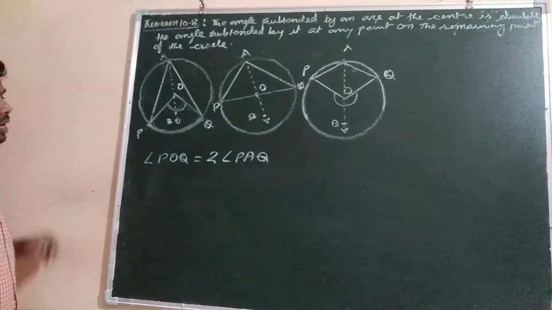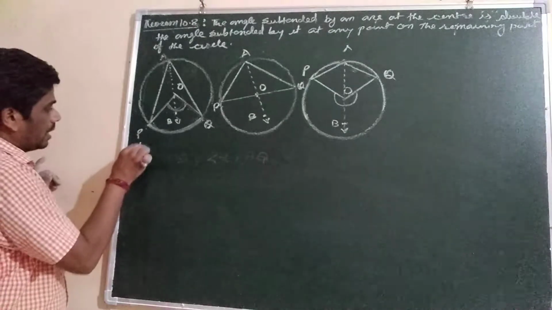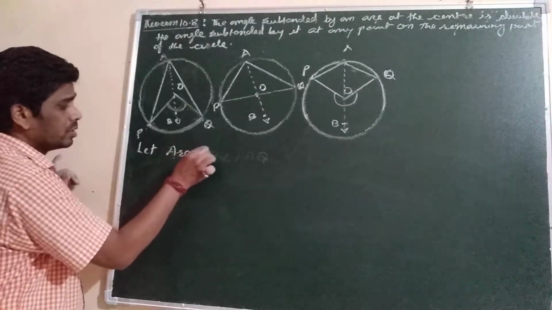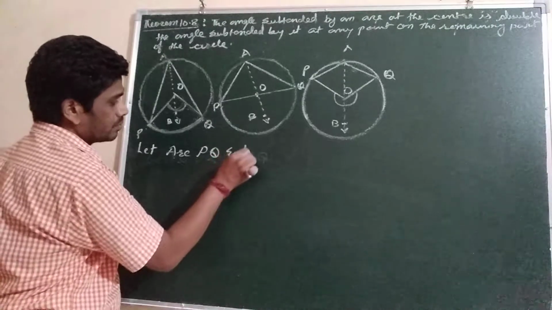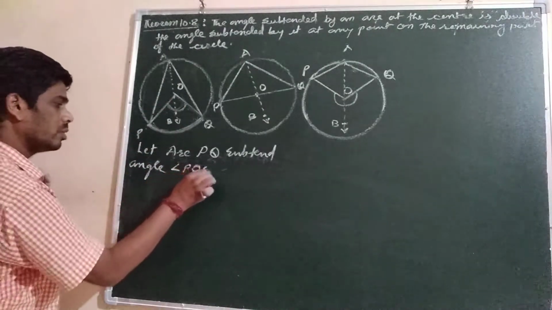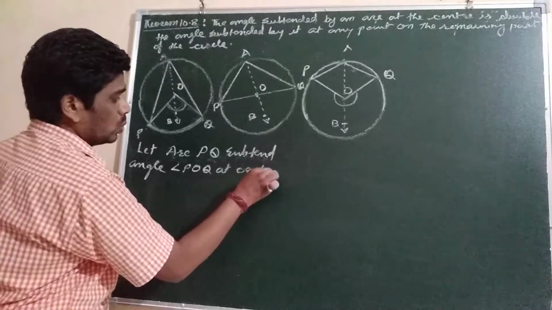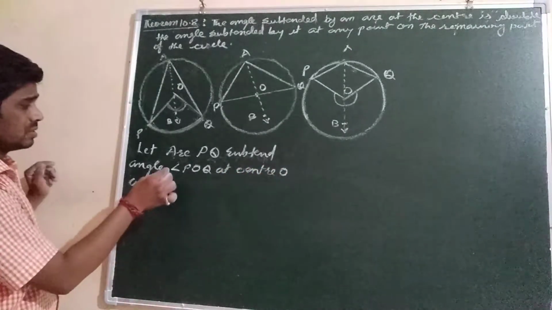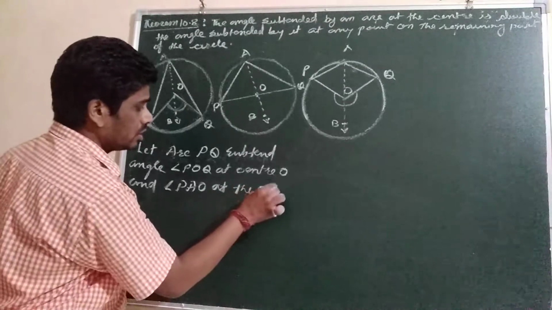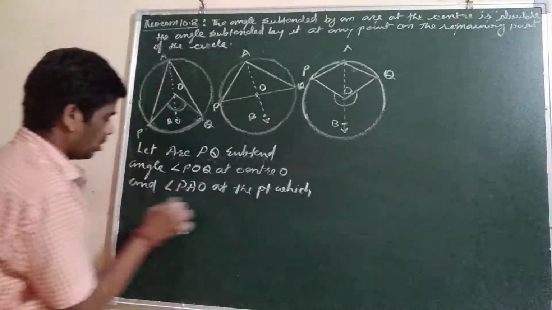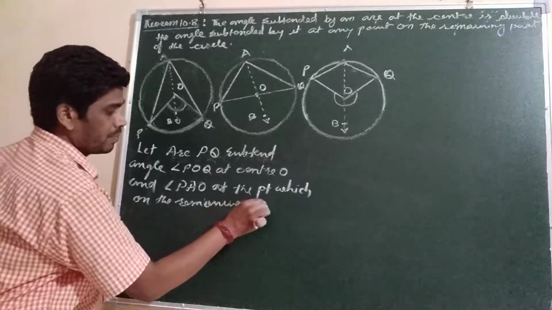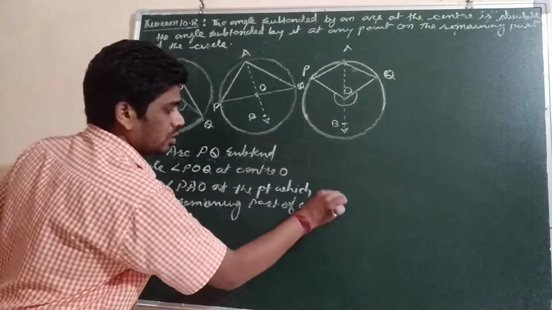Let us write here: let arc RPQ subtend angle POQ at the center O and angle PAQ at a point which is on the remaining part of the circle.